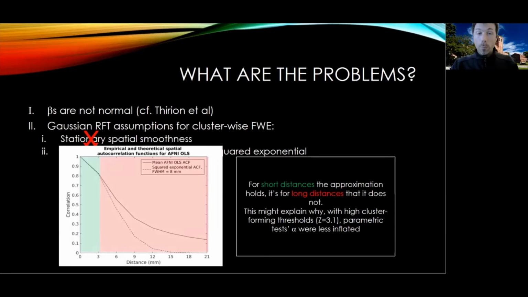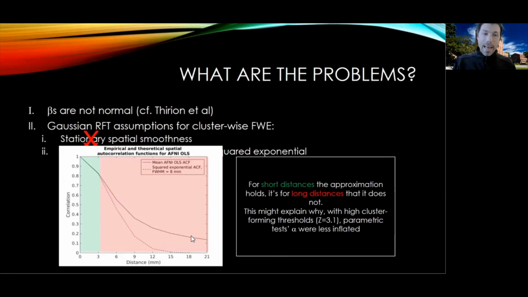So this might explain why, when you have a very high threshold and you only get voxels in small clusters, you don't get a lot of false positives. Whereas at low thresholds, where the right part, the red part of the graph, comes into play, you get clusters that extend more than 3 millimeters, or much more, and then yes, you do get a lot of false positives.